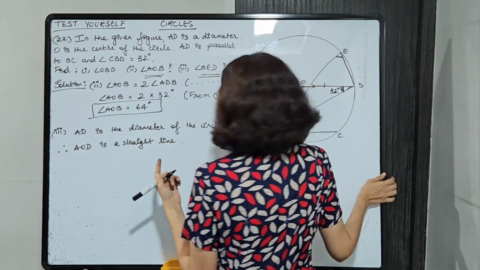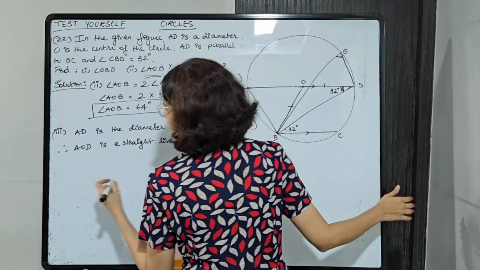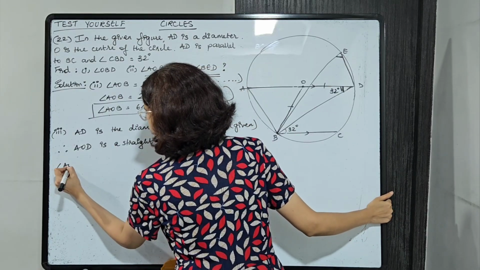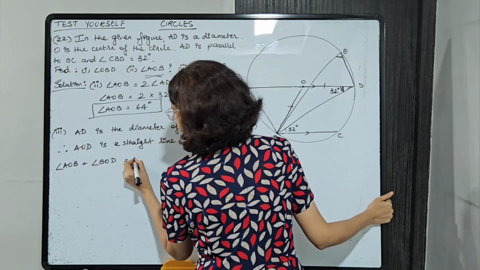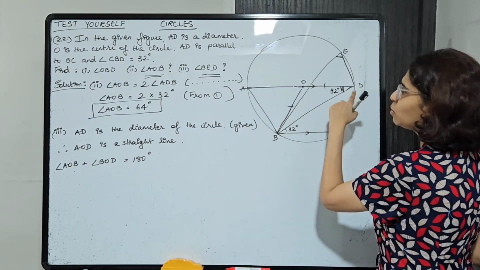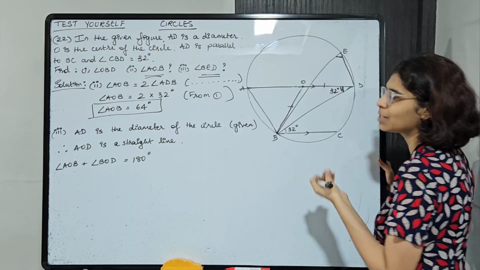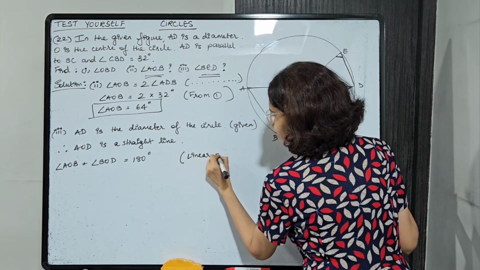This is a straight line, therefore AOB and BOD are forming a linear pair. So write down angle AOB plus angle BOD, the sum is 180 degrees. Right, because AOB plus BOD is AOD, which is a straight line, and the angle of a straight line is 180. Linear pair.